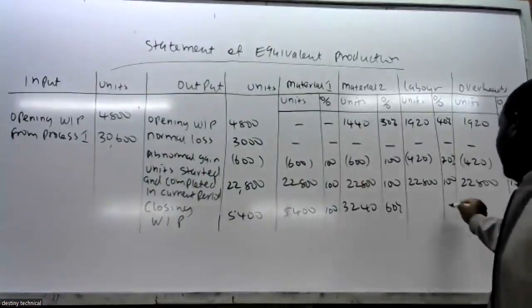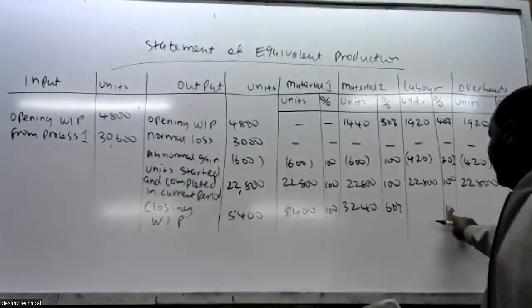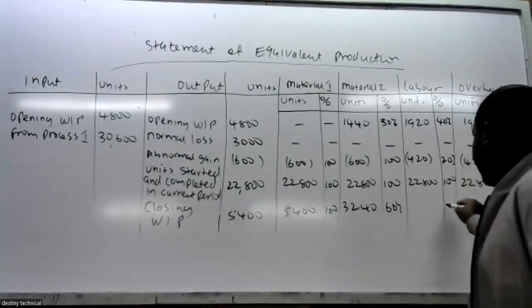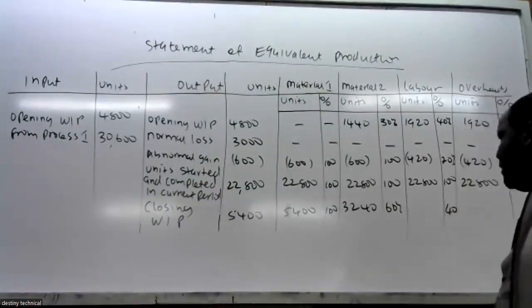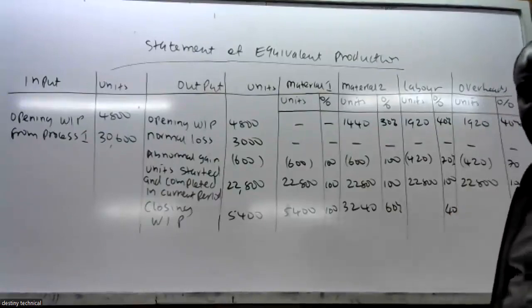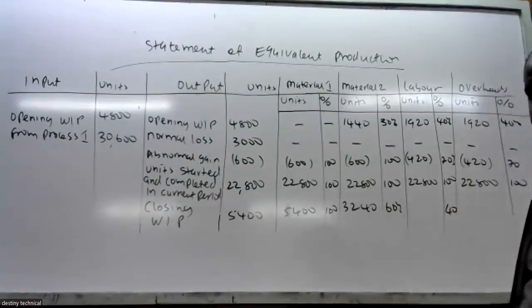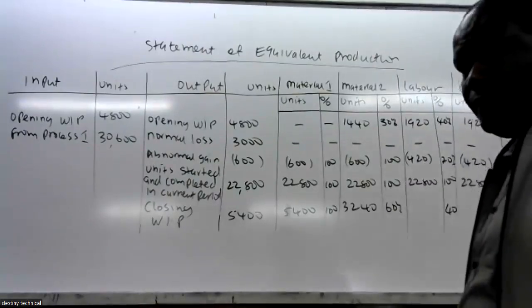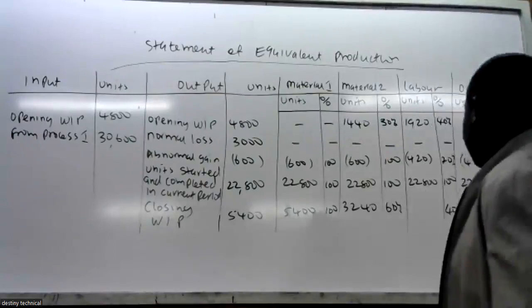Then labor, they gave you 40%. What is 40% of 5,400? So 2,160.